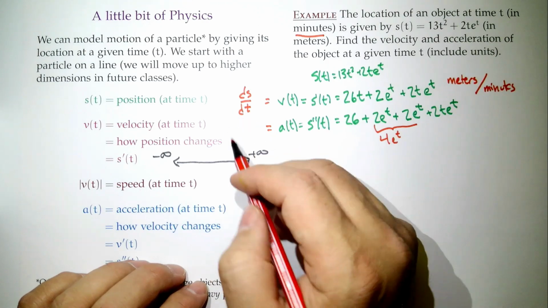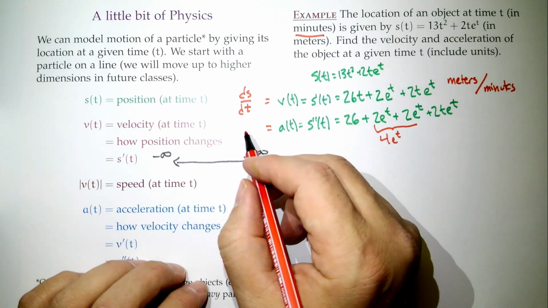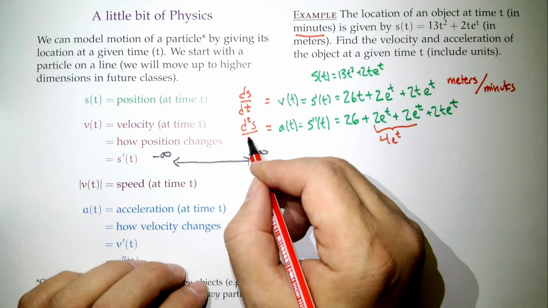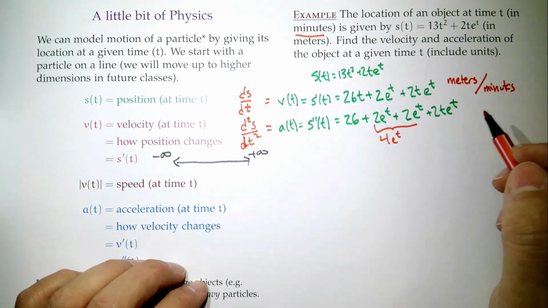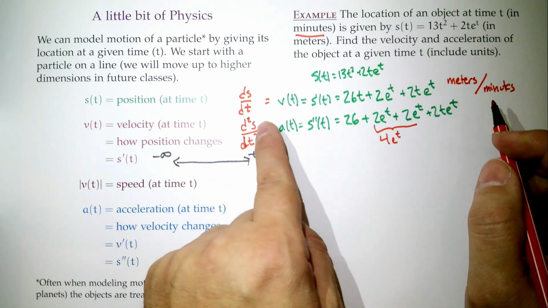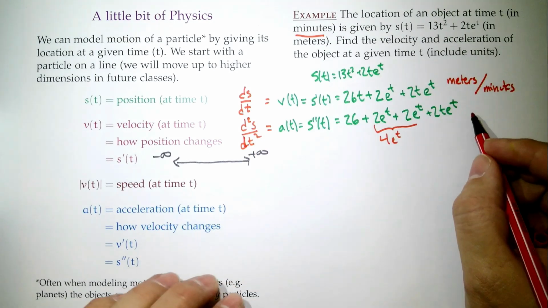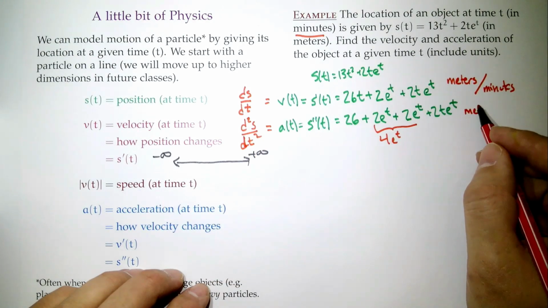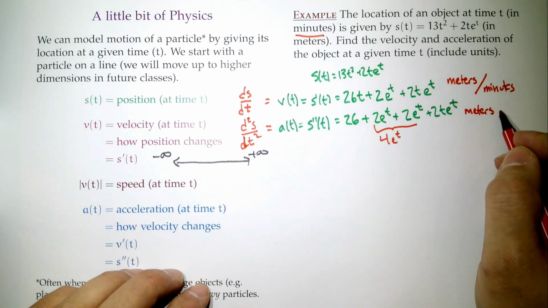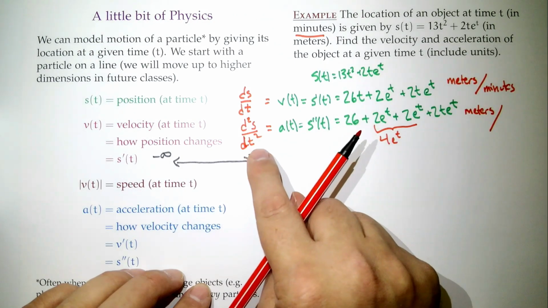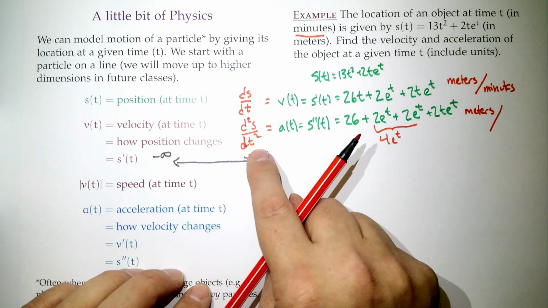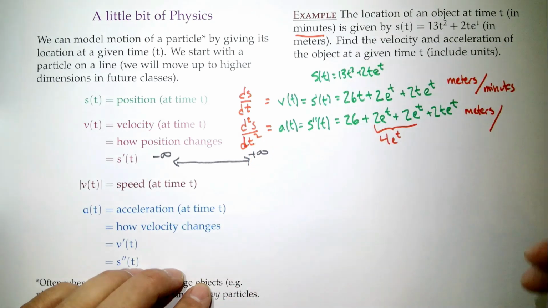In terms of the d notation, how do we write that? d squared s over dt squared. And the units are, well, you look upstairs and say, I see a single s. Well, what are the units of s? Meters. So it's just a single set of meters over, now look downstairs, minutes squared.